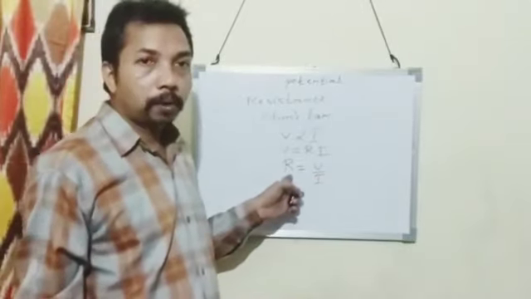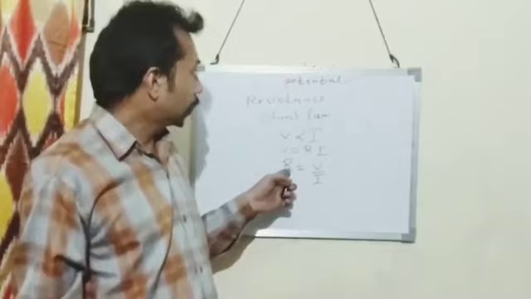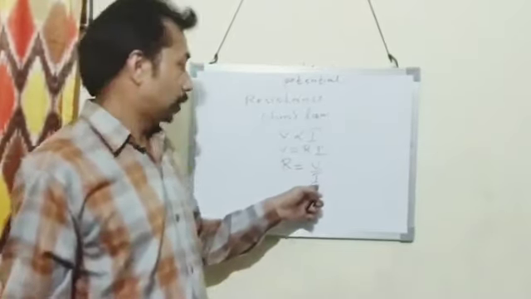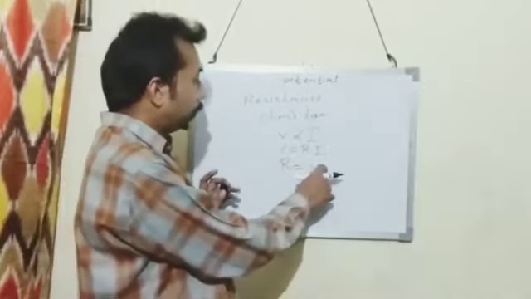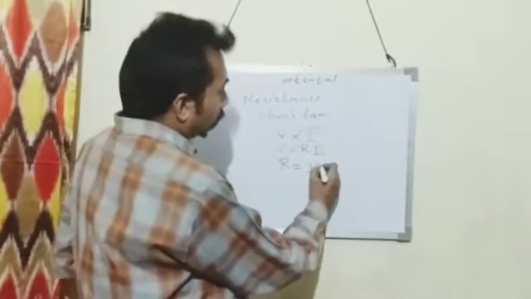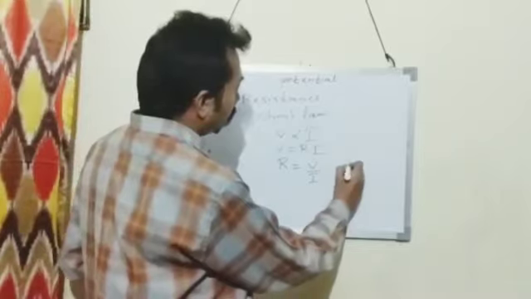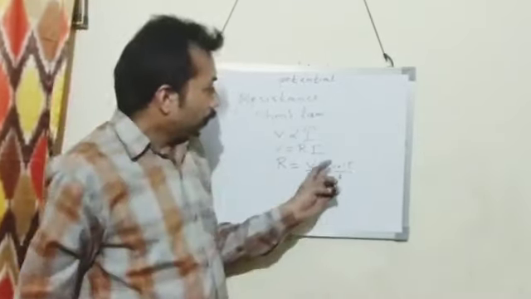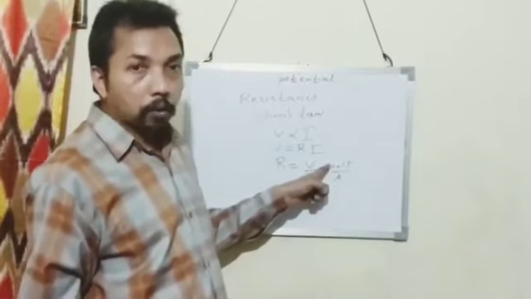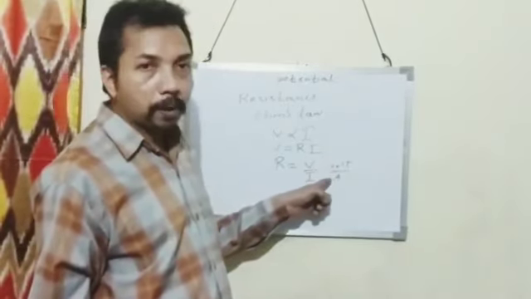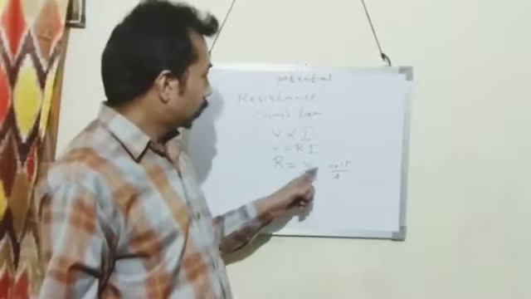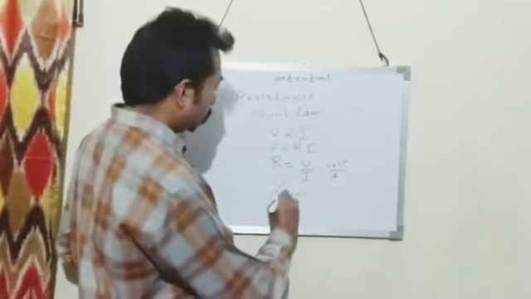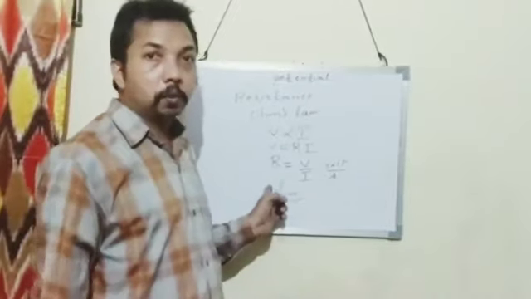So this is the formula to find the electrical resistance when potential difference and current are given. Resistance equals V upon I. The unit of V is volt and the unit of current is ampere.